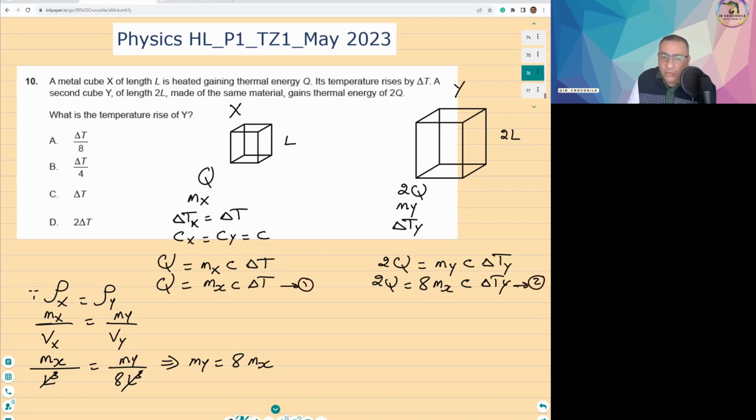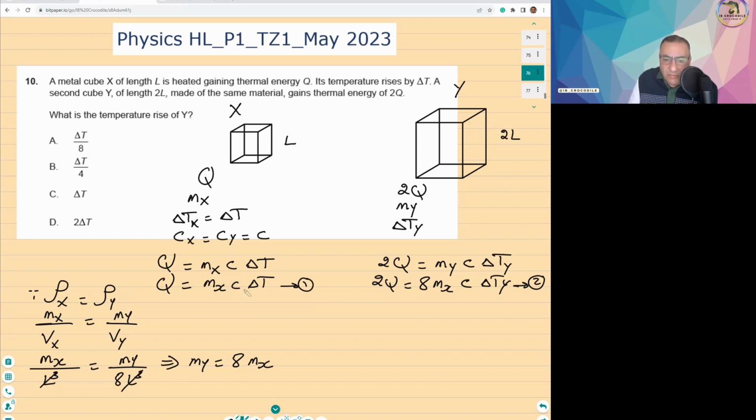Now you can do whatever works: you can divide both of them, or substitute Q by that expression. Let me replace Q by the expression from equation 1.